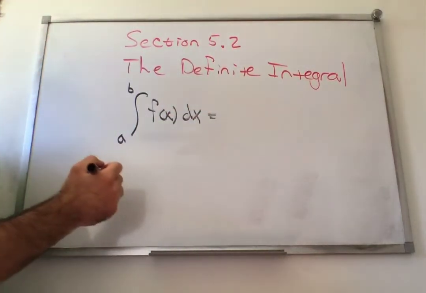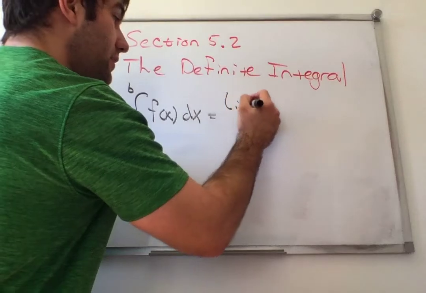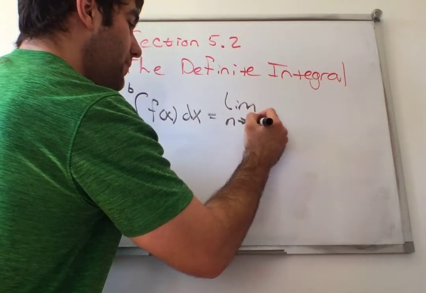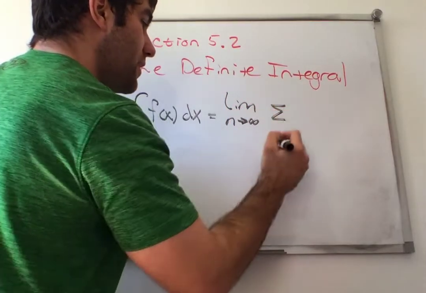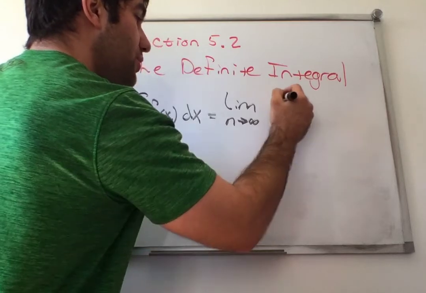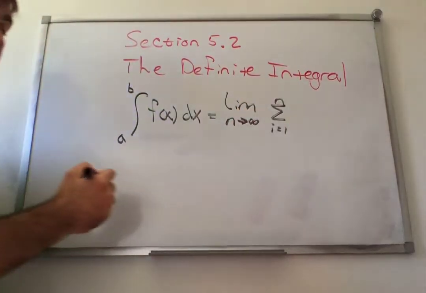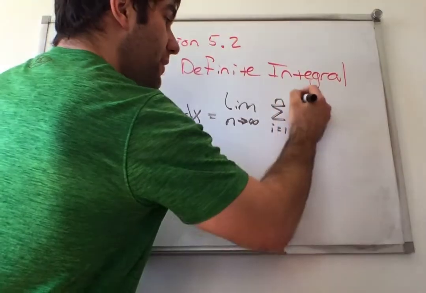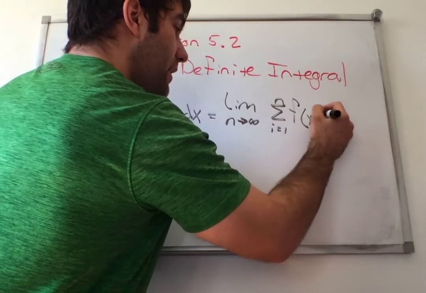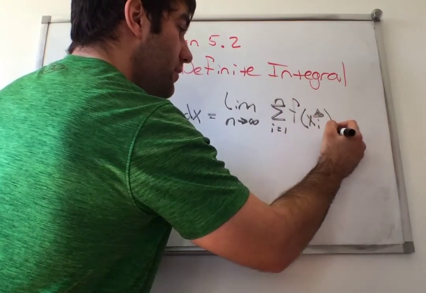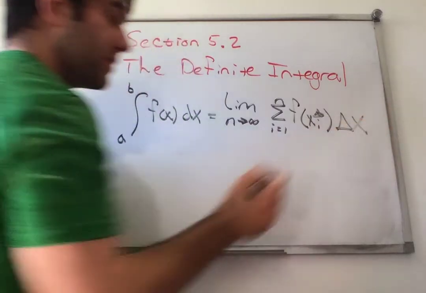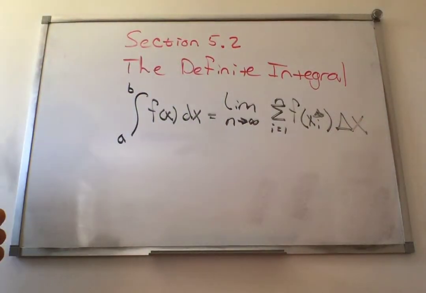That is equal to the limit as n goes to infinity of the sum from i equal to 1 to n of f of xi star times delta x. So what we are saying here is we're giving the definite integral a definition.